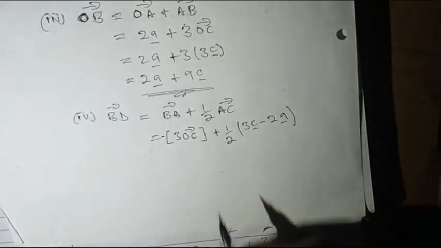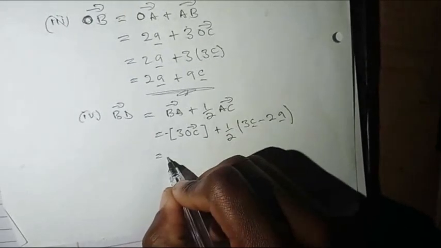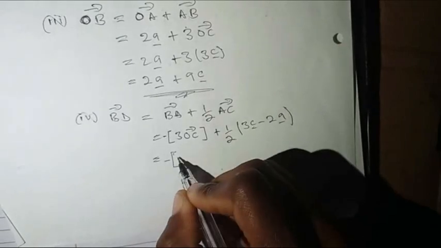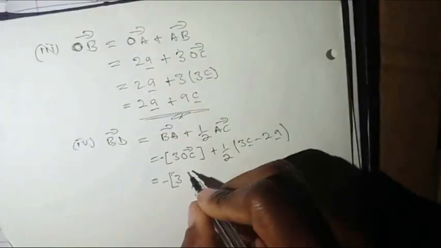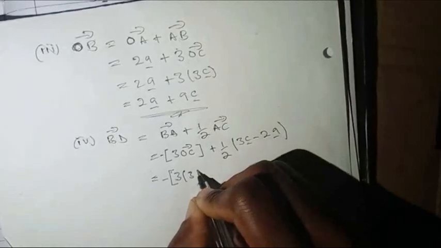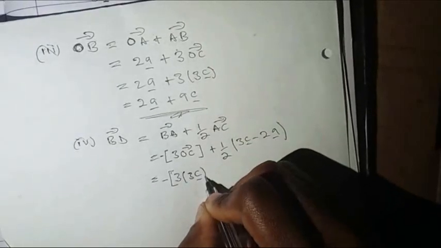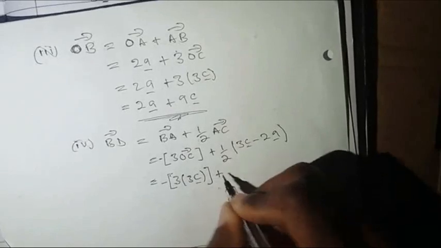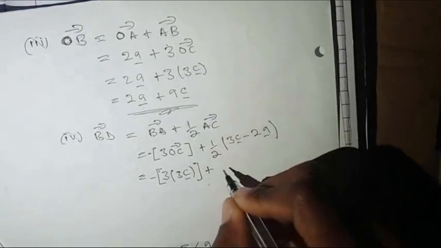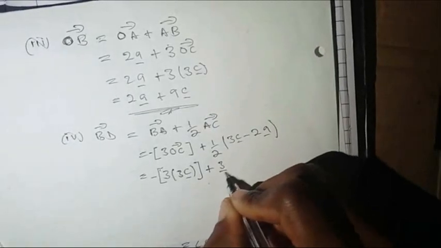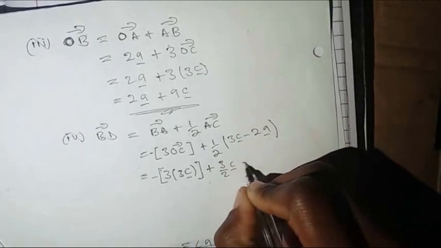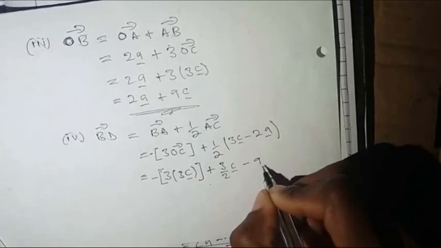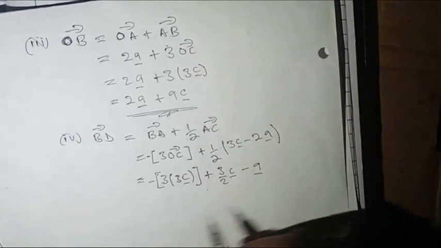Now what's next is that we just rewrite this. This is going to be a minus 3 times OC, and OC is 3c right there. Then since here we already know what will happen, we are going to have 3 over 2c, and then a minus a.